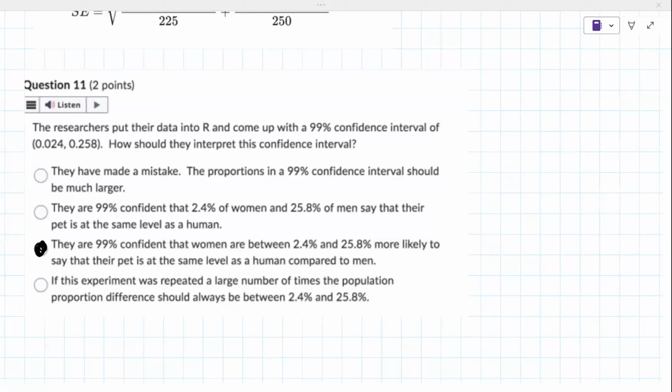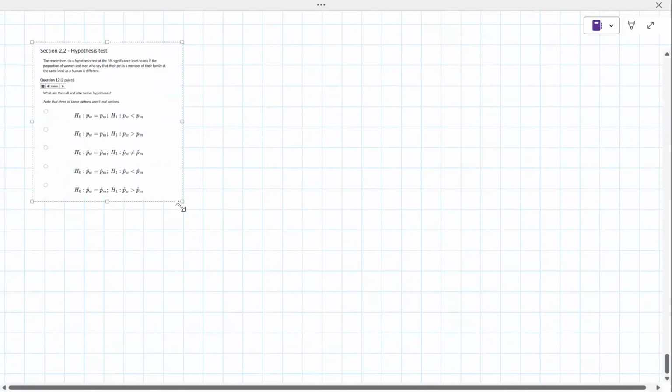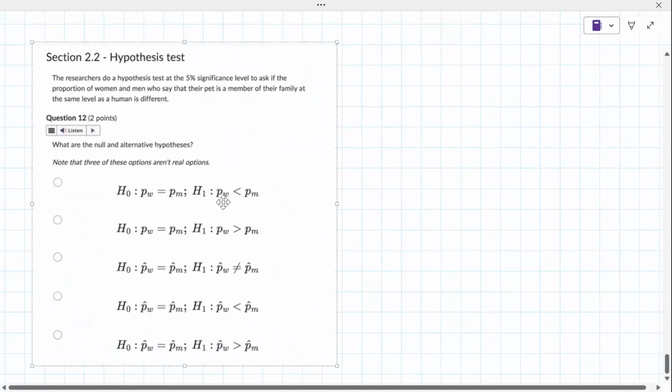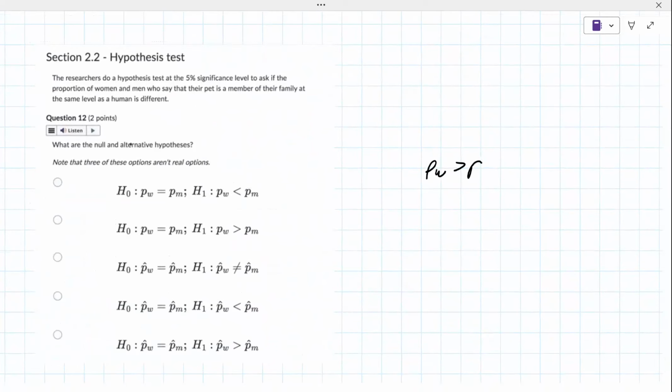All right, moving on here to number 12. All right, so it's kind of the same deal. Women and men, member of their family. We believe that women favor it more than men. So we're looking for that one. So you'll see that that's this one and this one.